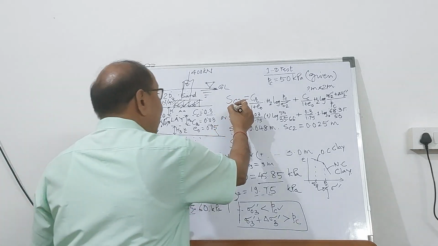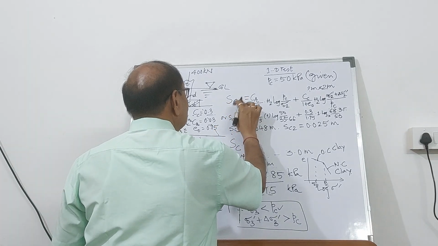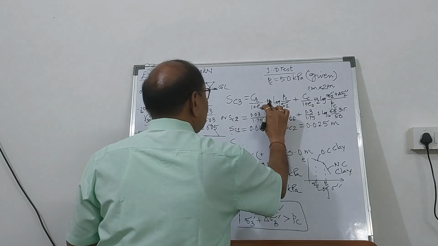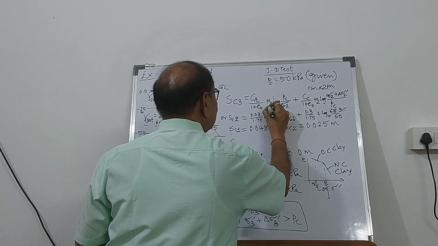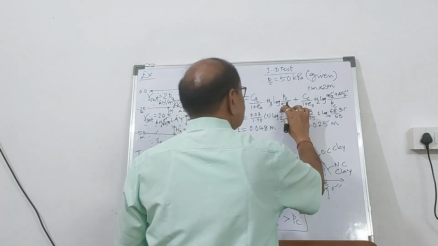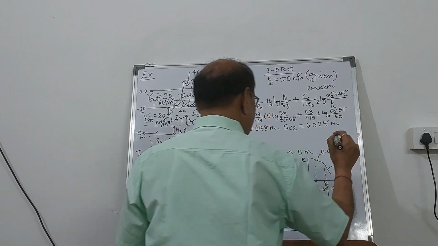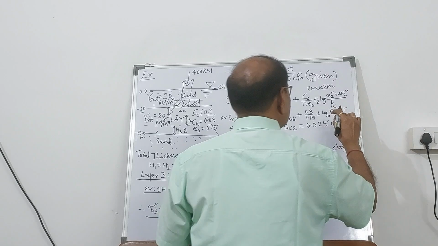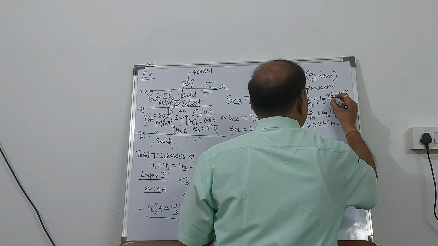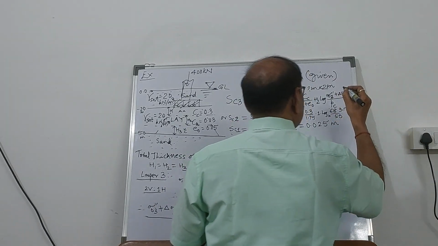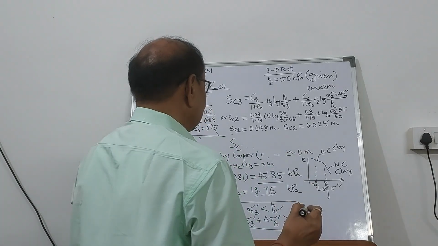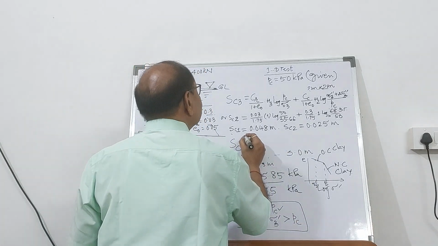Therefore, this formula you will have to use. Now H2, replace it by H3. This you replace by sigma naught 3, and this by PC.